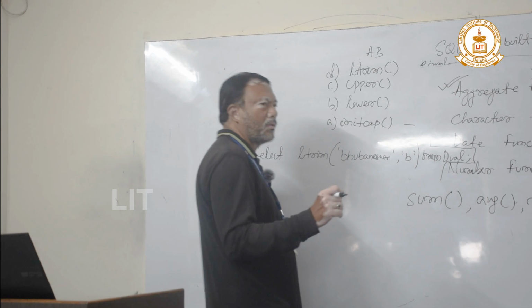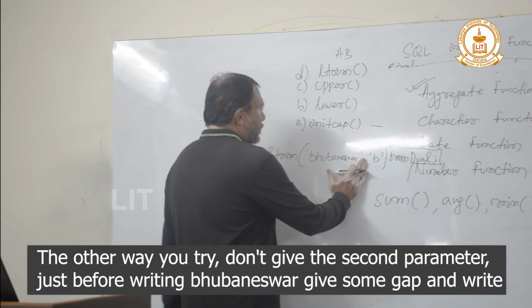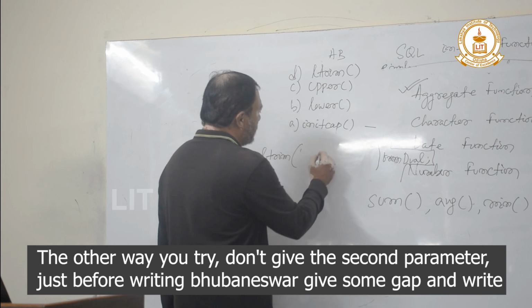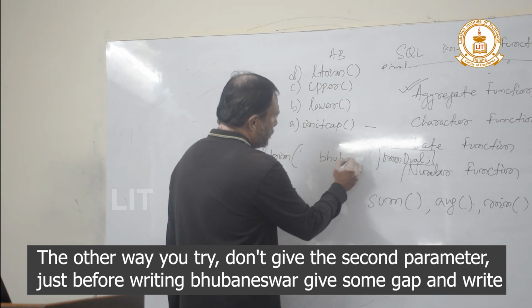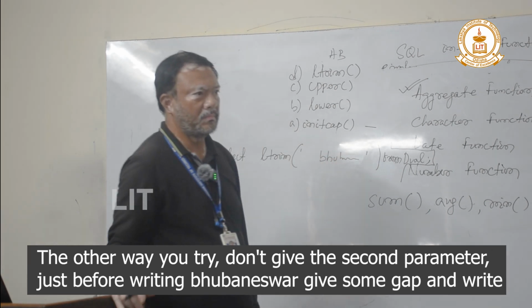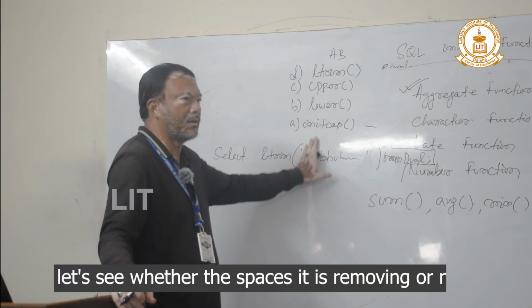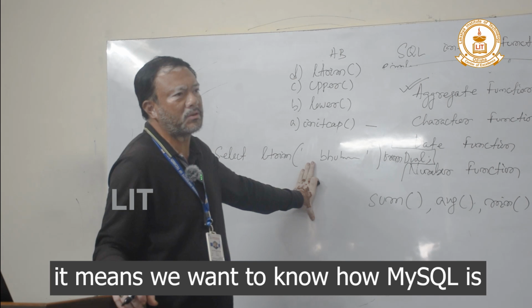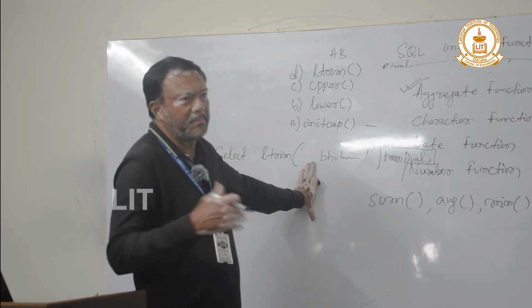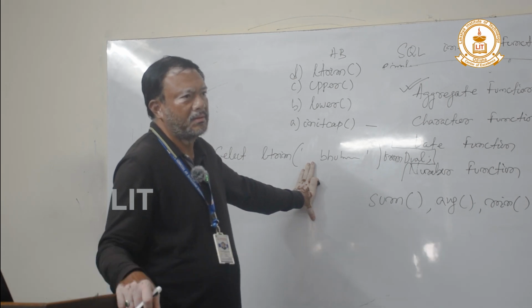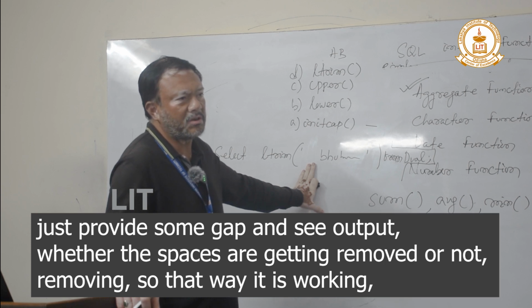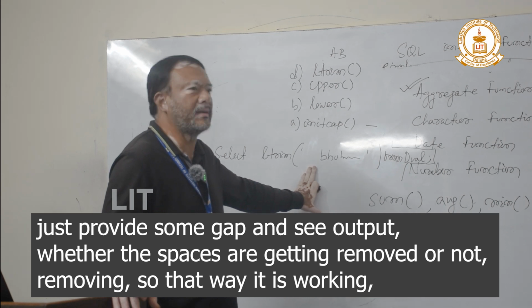Okay, the other way you try: don't give the second parameter. Just before writing Bhubaneswar, give some gap and write. Let's see whether the spaces are removed or not. We want to know how LTRIM works in MySQL. Removing, so that is how it works.